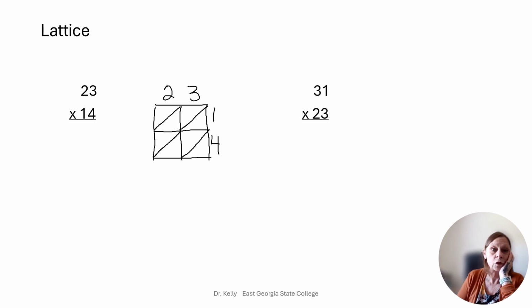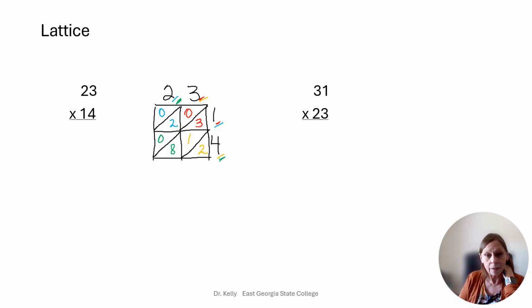So let's just do a couple and then you'll see what's going on. So 3 times 1 is 3, and so we're going to go 0, 3. 3 times 4 is 12, so we have the number 12. 1 times 2 is 2, so 0, 2. And finally, 4 times 2 is 8, 0, 8.